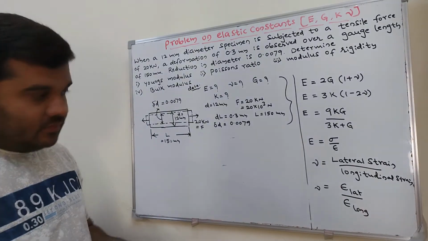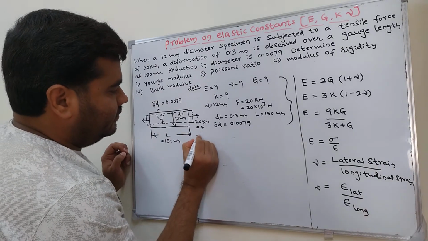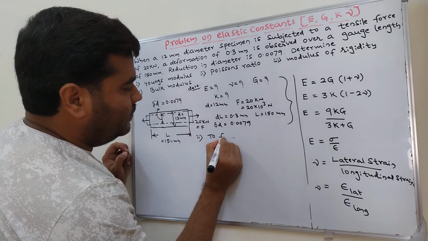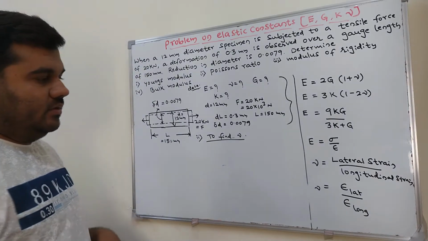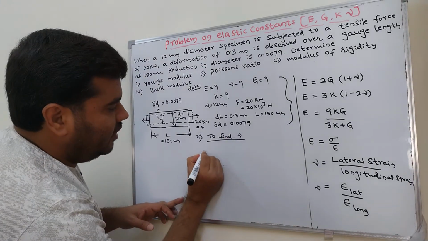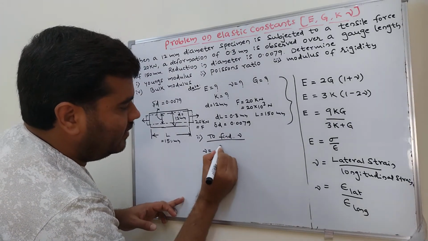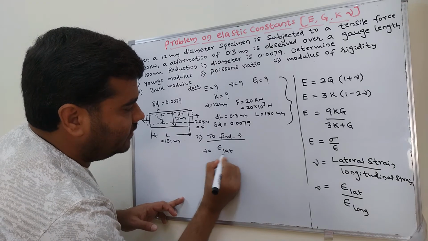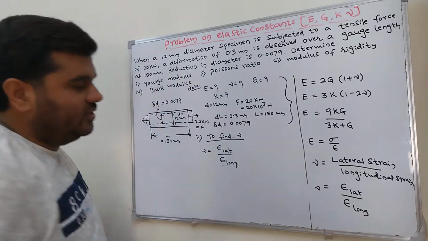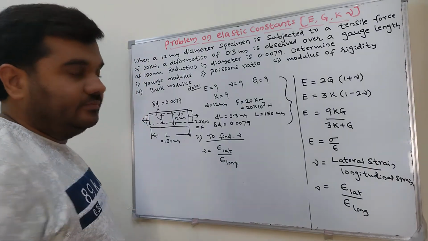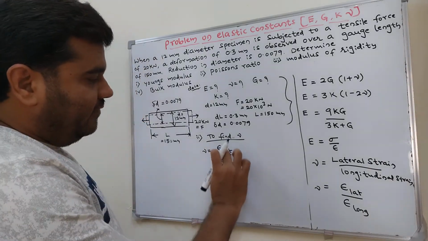To find nu, that is Poisson's ratio, we'll use nu equal to lateral strain divided by longitudinal strain. Now we will find out one by one.